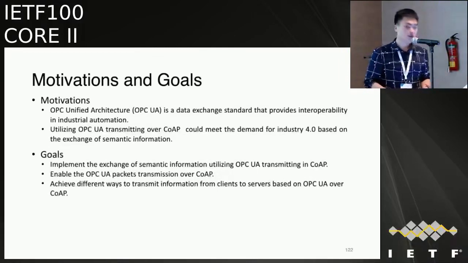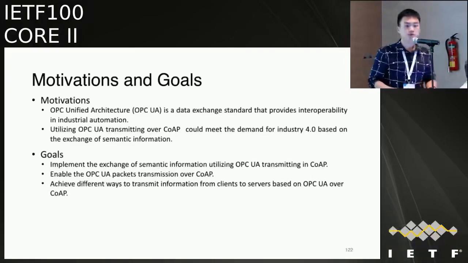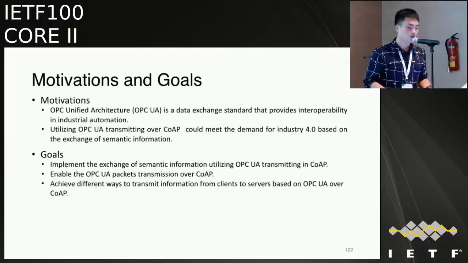Second, utilizing OPC UA transmitting over CoAP could meet the demand for Industrie 4.0 based on the exchange of semantic information. Our goal is to achieve different ways to transmit semantic information from clients to servers, based on OPC UA over CoAP.